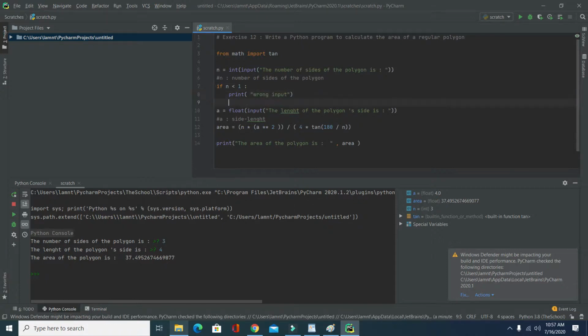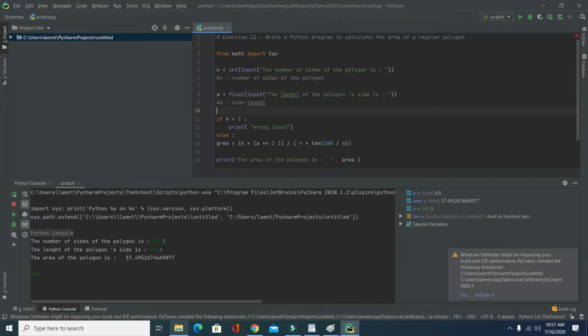And else, okay, so we enter the side here, copy this, and paste it up here, to the number of sides and the side length.